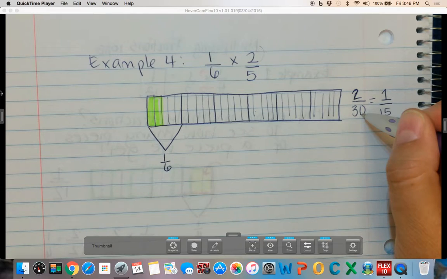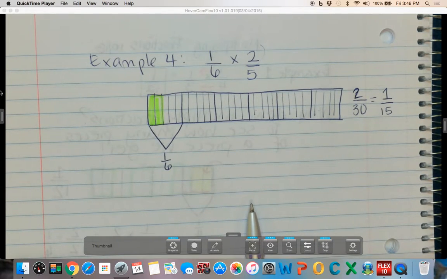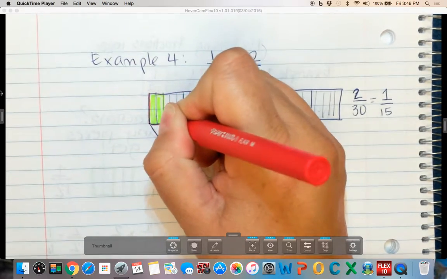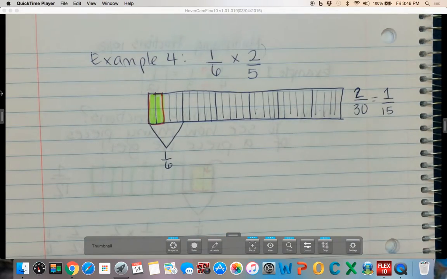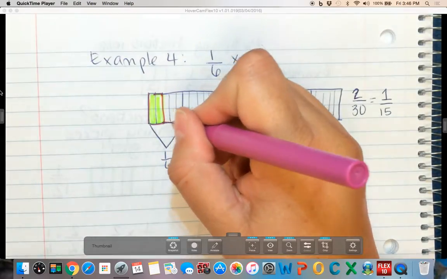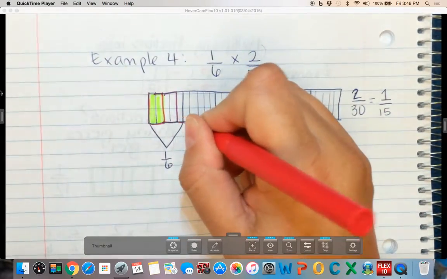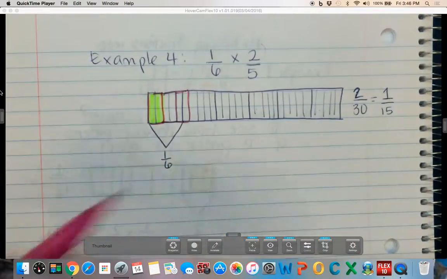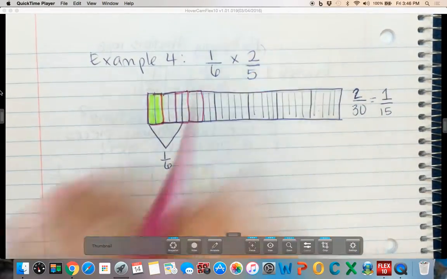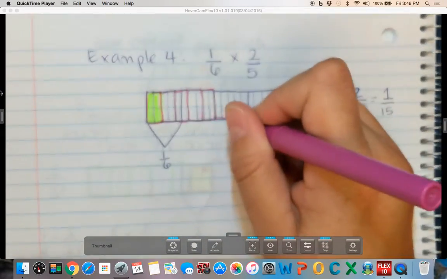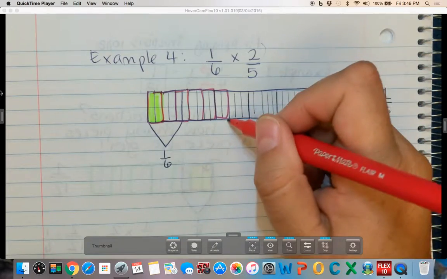And if I were to show you 1/15, I would group all of these 2's and eventually I would get 15. And you don't have to do this because it's going to take a long time, but I'm just going to show you what it looks like. And if I were to group all the 2's, eventually you would see that I have 15 groups.